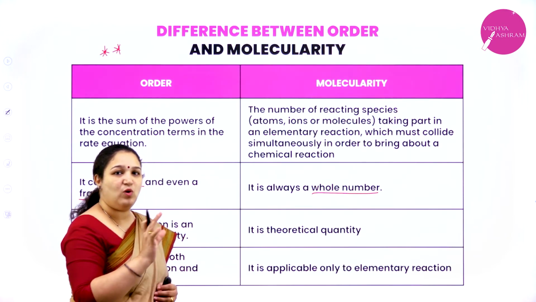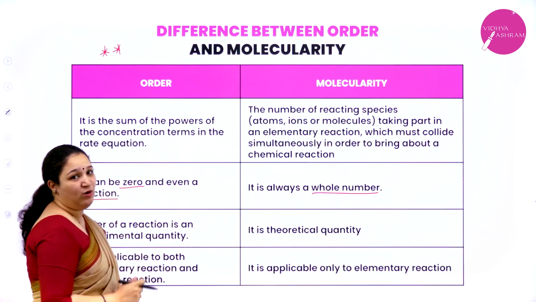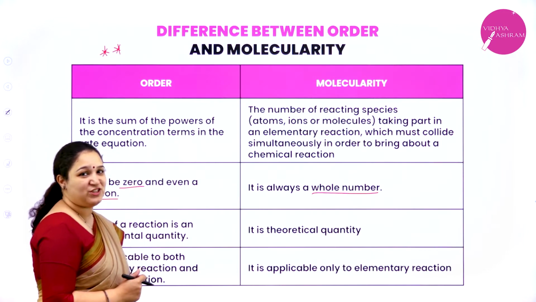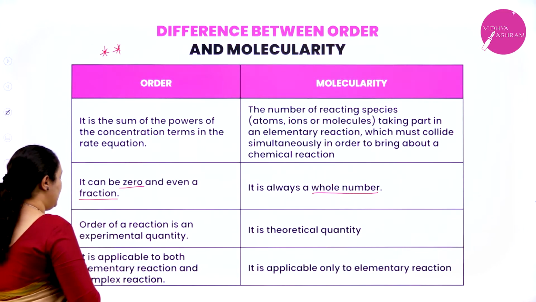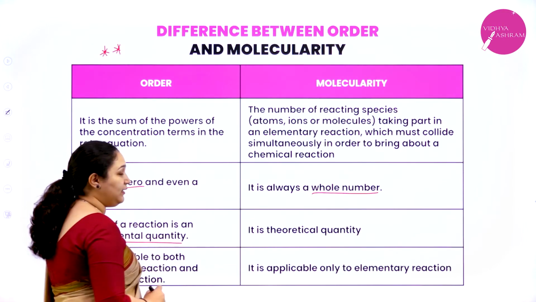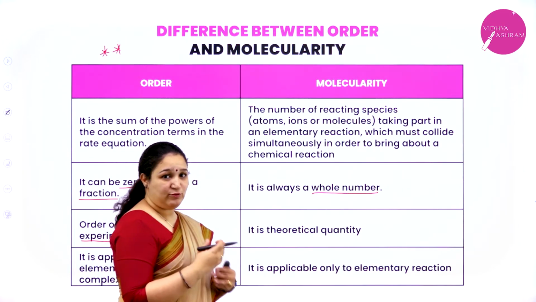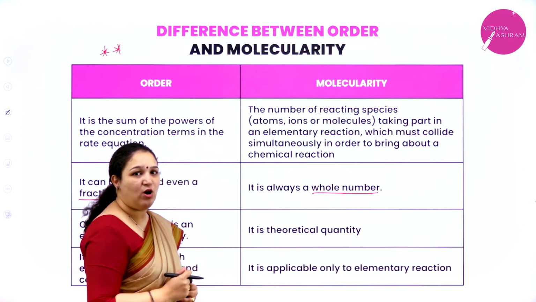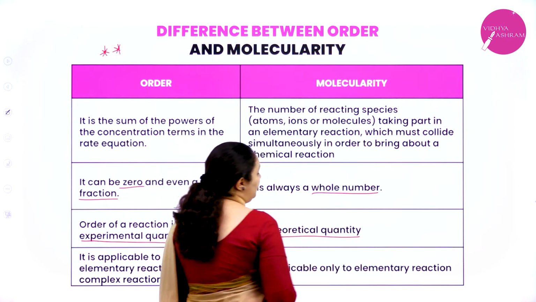It is just a whole number, but order can be 0 or it can even be a fraction. Okay. Next difference is, order of a reaction is an experimental quantity. It is experimentally determined. Correct? We have to do the experiment, only then we can tell the order of a reaction. But molecularity is a theoretical quantity.